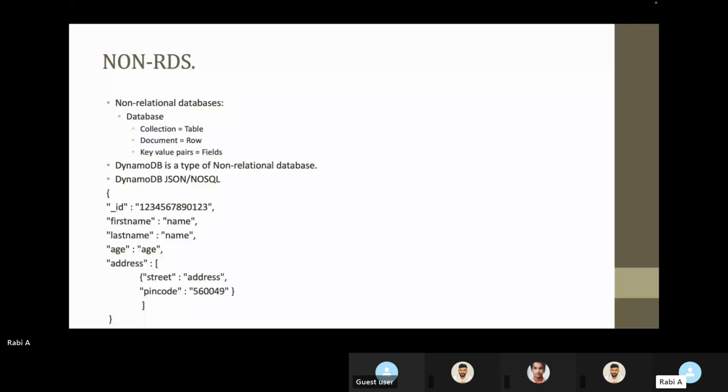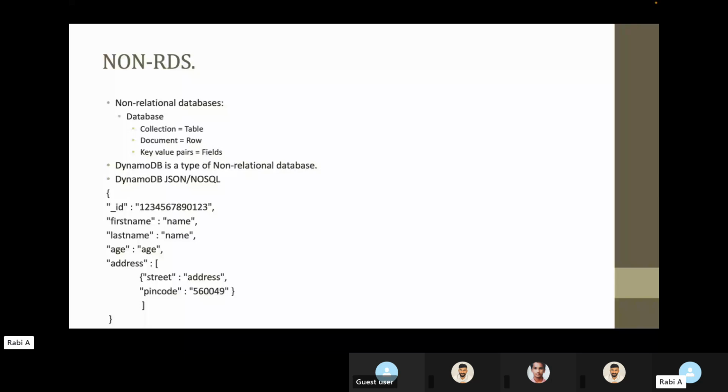When we talk about a NoSQL database in AWS, DynamoDB is the database that supports it. Other than this, we also have a database called MongoDB, which is a NoSQL database. One important thing to remember is we don't make use of SQL queries.